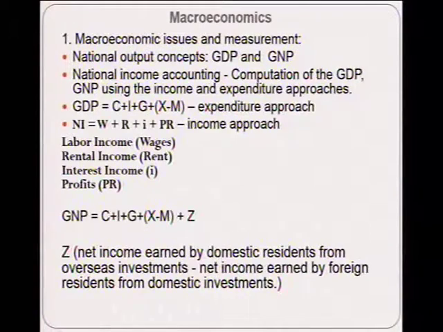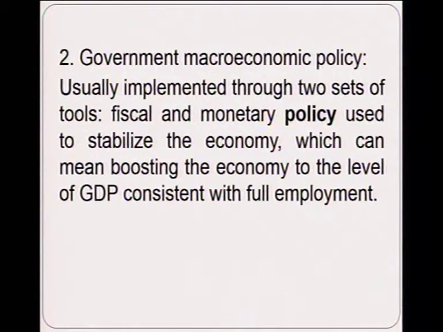The second point to look at in the macroeconomic aspect is government macroeconomic policy. And this talks about how the government controls the workings of the economy. This is usually implemented through two sets of tools. We have the fiscal policy and the monetary policy.